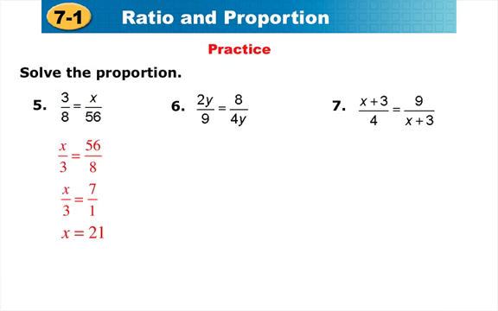Let's go to number 6. Notice that at this point, I rewrote this proportion the following way: 2y over 8 equals 9 over 4y.